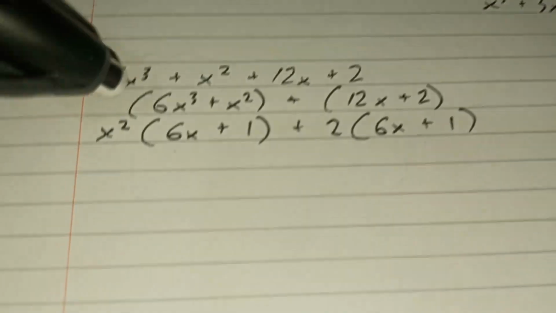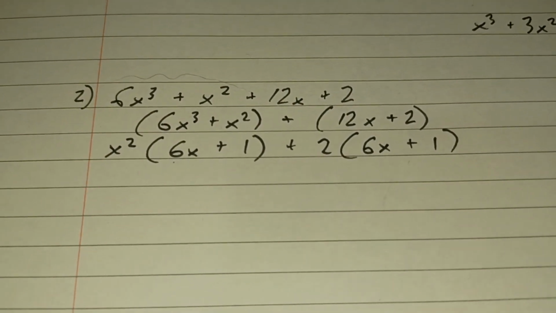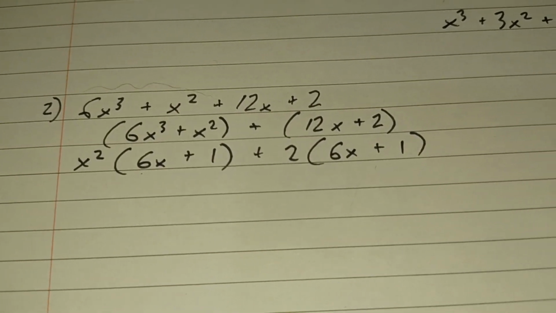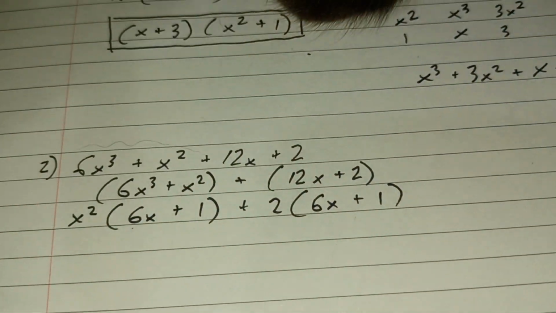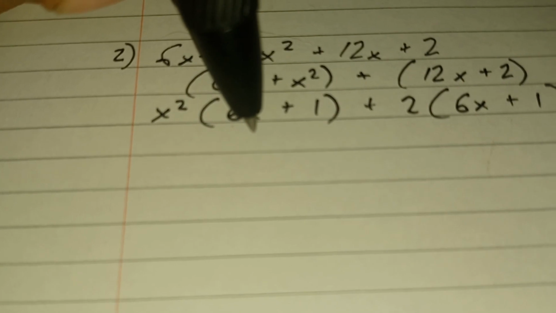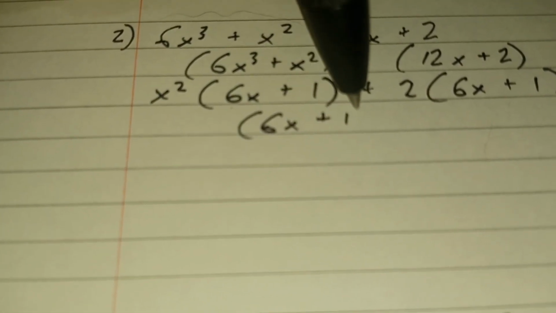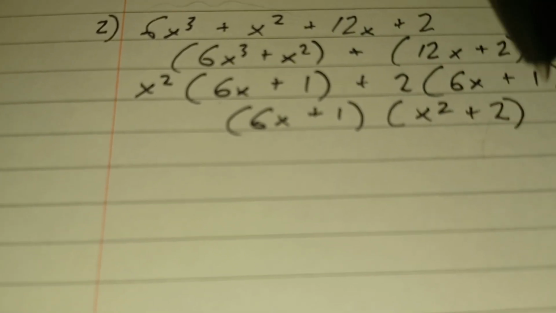Now we see between these two groups, what do they have in common? I see that they have a 6x plus 1 in common, so we factor the 6x plus 1 out of these two groups. So we have 6x plus 1, and then we have x squared plus 2.